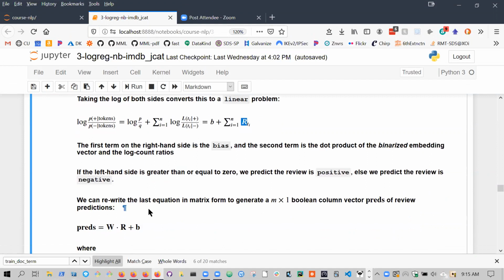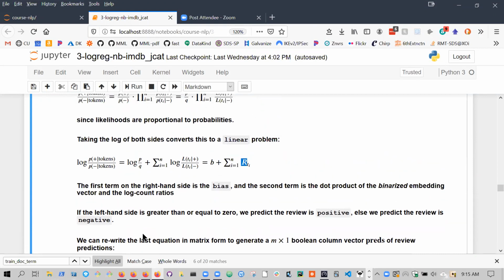All right, and so I'm going to write this as... I make an interesting point here, that the second term here is the dot product of the binarized embedding vector and the log count ratios. So when Rachel talks about the binarized naive Bayes and the naive Bayes, I find that when I derive naive Bayes, it comes up naturally in the binarized form.